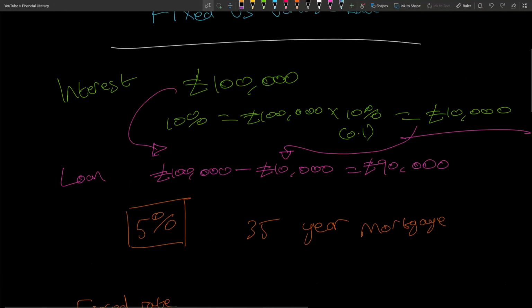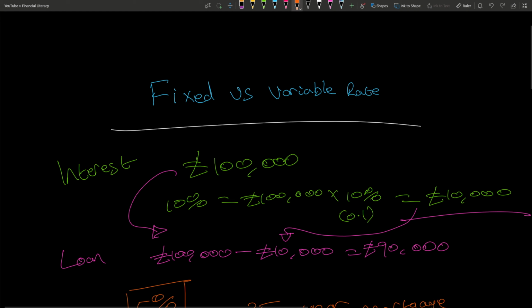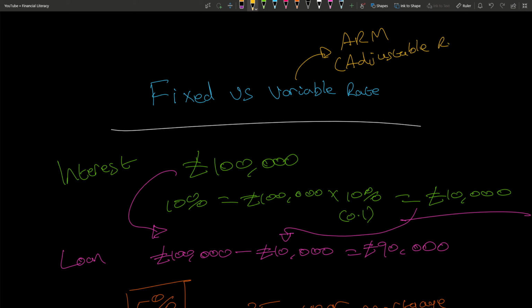One last thing I want to cover is that a variable rate is also known as an ARM, which stands for adjustable rate mortgage.